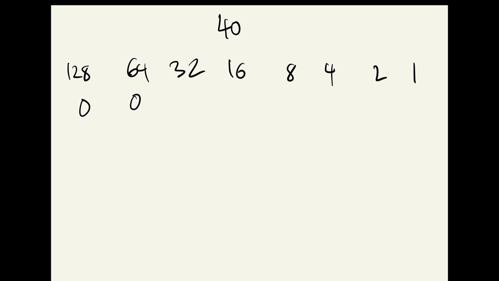Now, 32 is within 40, so we put 1 there. 32 plus 16 is higher than 40, so we're not going to use 16. 32 plus 8 is exactly 40, so we put 1 there, and the rest will be 0. So the binary value of 40 is 00101000.